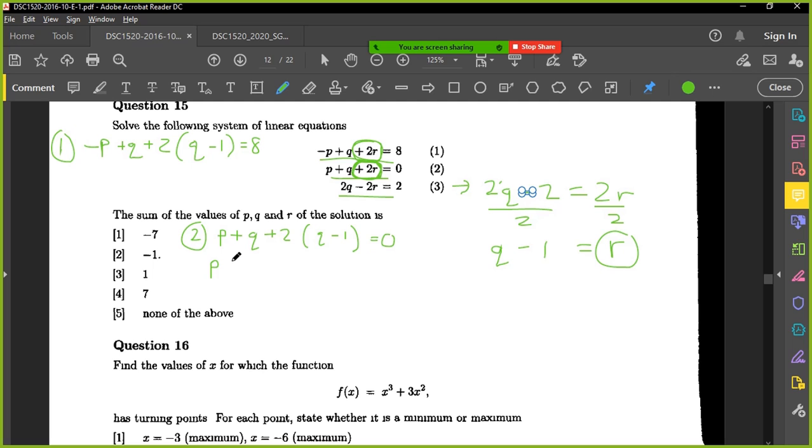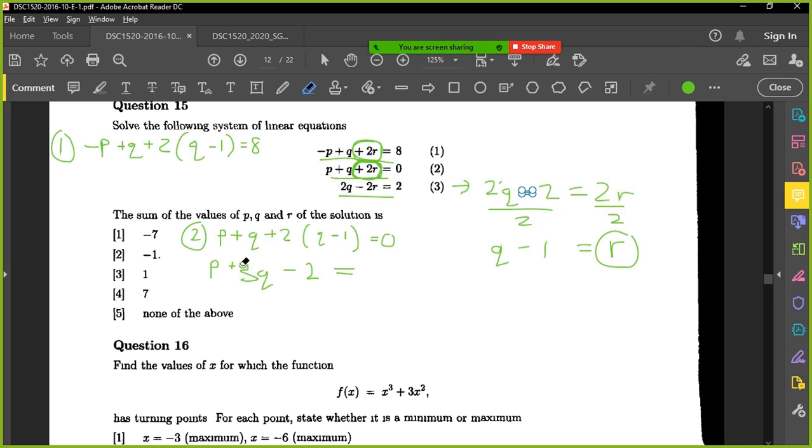It's P plus... Okay, let's just multiply first. So P plus that will become 2Q plus Q, so that will become 3Q. And plus 2 minus 1, so that will become minus 2, equals 0.